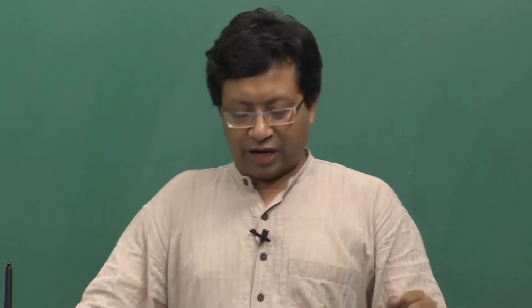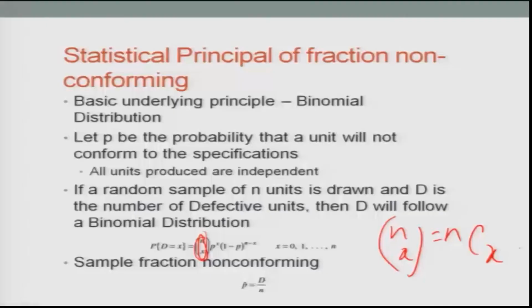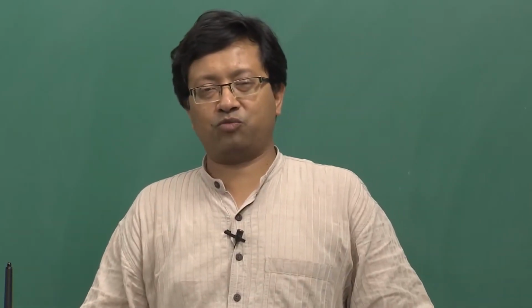So, if I want to find the fraction of non-conforming, which is actually p in the long run, that should be d divided by the total sample size. The more observations I pick up, as n increases, d in the long run would be such that the ratio d by n, in the infinite case when I am taking the overall population, should be exactly equal to p.